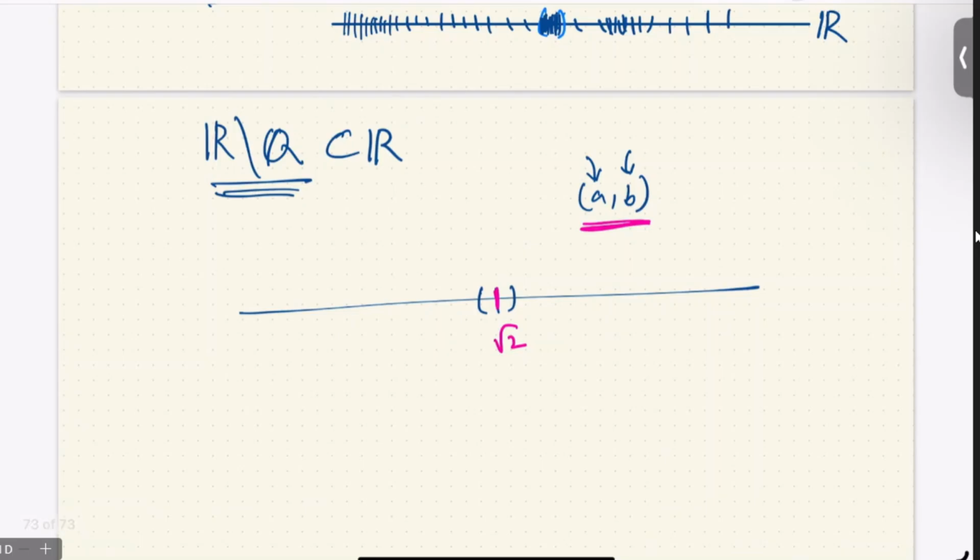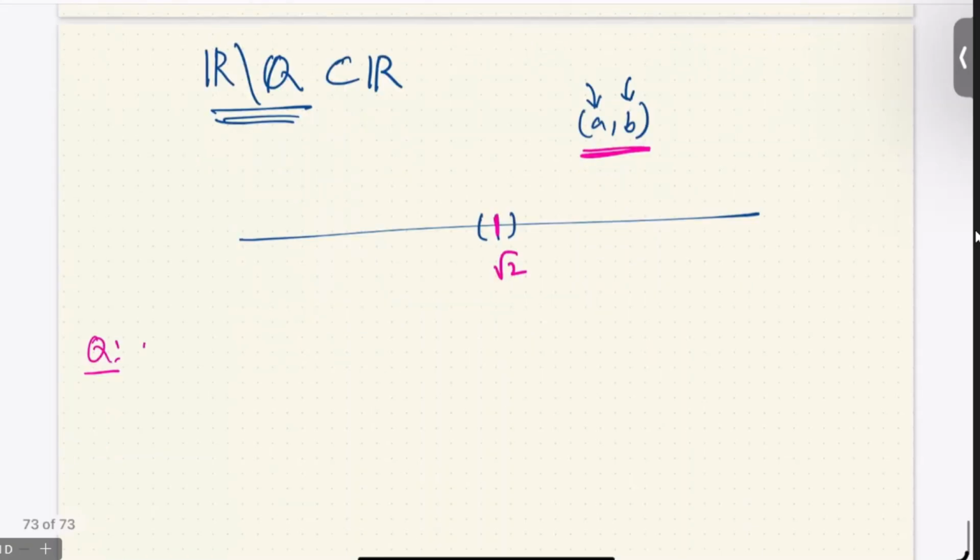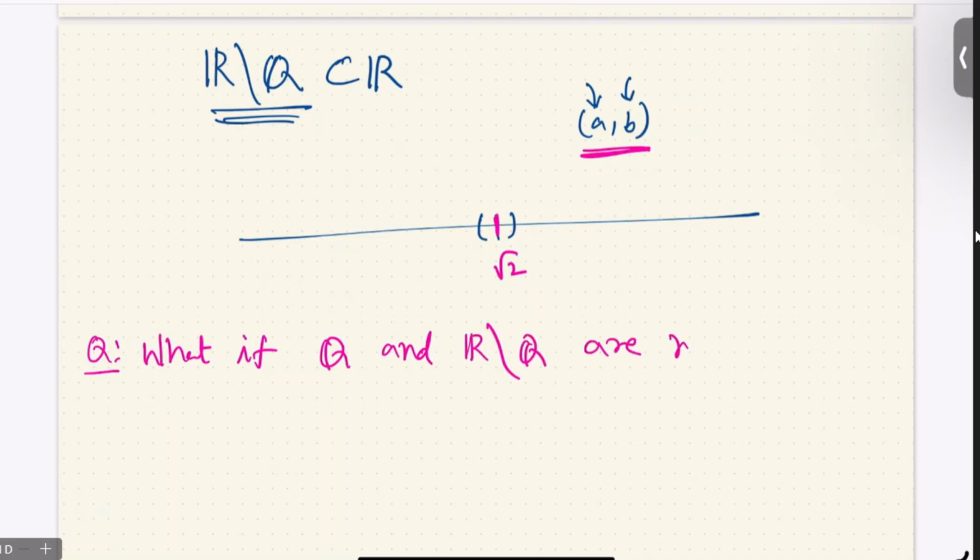Now I have a fundamental question, maybe a philosophical one, a reverse way of thinking. What if Q and R minus Q are not dense?